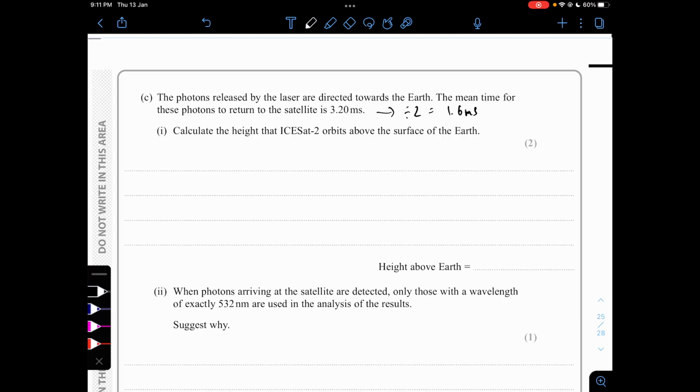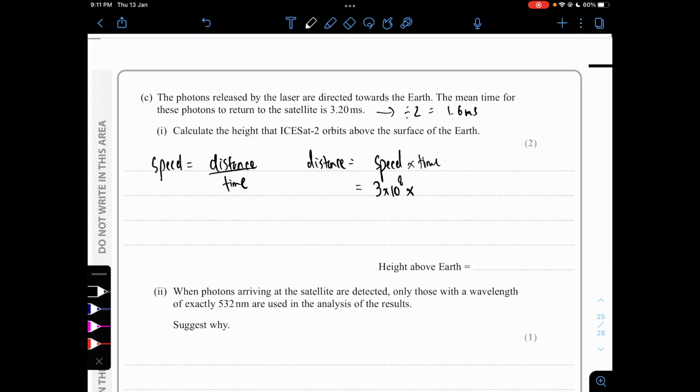Alright, let's calculate the height. Now this height is actually pretty simple. We just need to remember that speed equals what? Distance over time. So distance equals speed times time. What's the speed? The speed of light, so 3 times 10 to the power of 8.